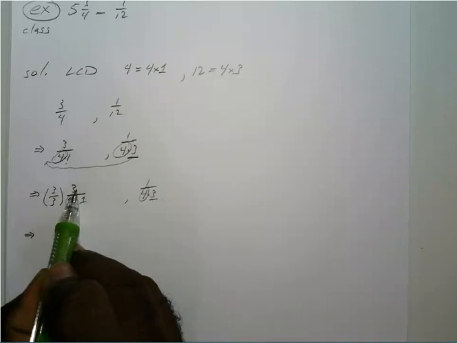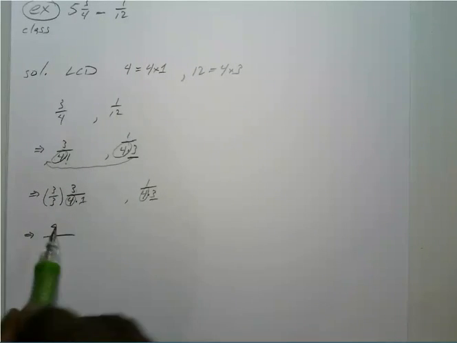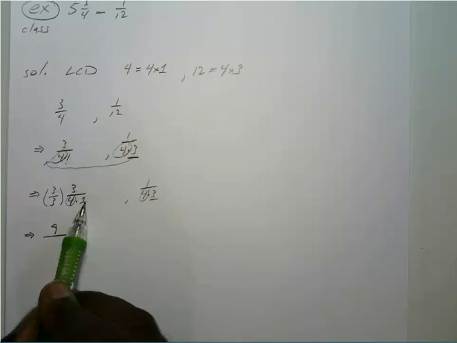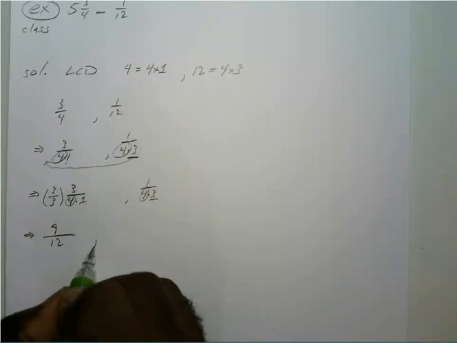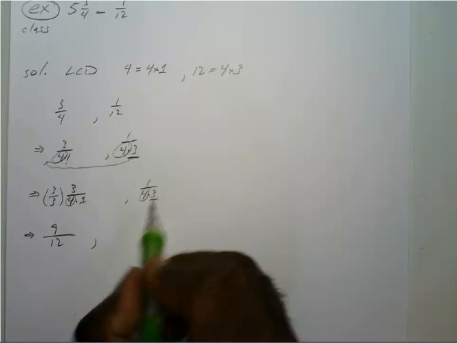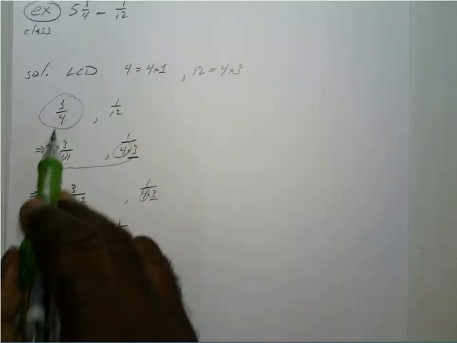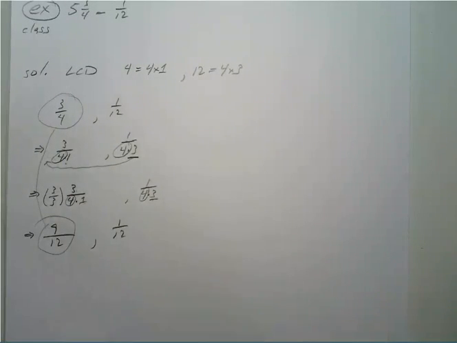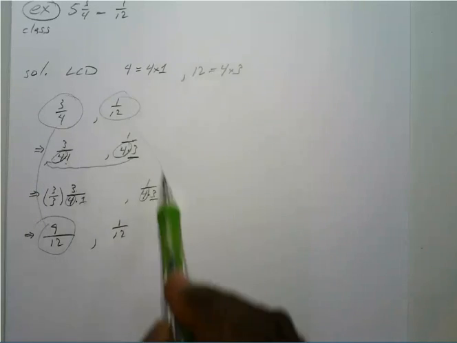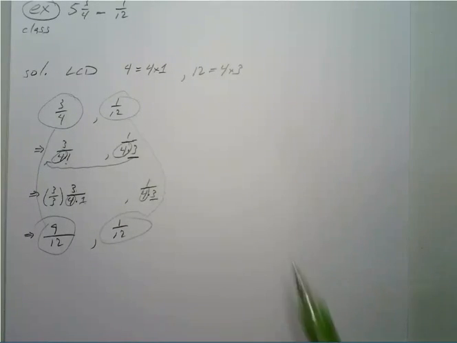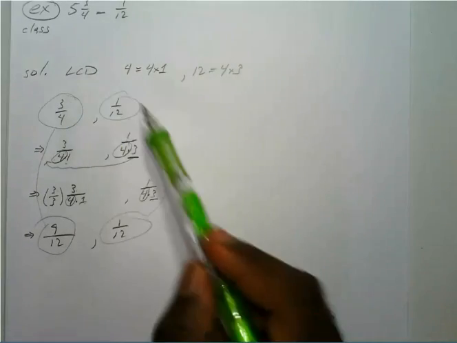Okay, so 3 times 3 is 9 over 3 times 4 times 1 is just 12. And you have 1 over 4 times 3, so just 1 over 12. Okay, so 3 over 4 is equivalent to 9 over 12. And our 1 over 12 just stays 1 over 12 because it matches our least common denominator.